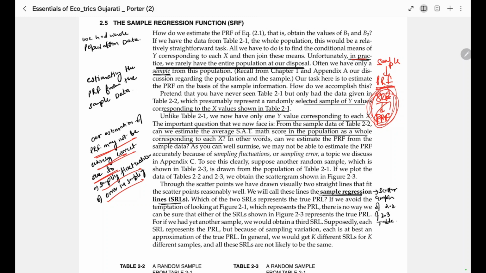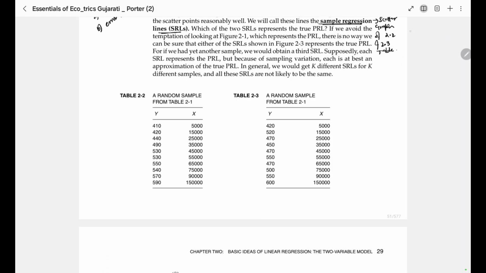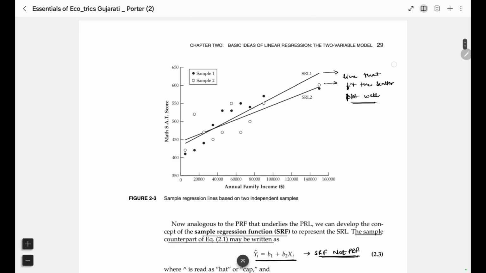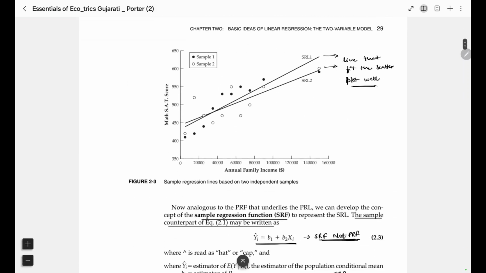So here, from the earlier data, we take two random samples, say like this: these are the various years' scores and these are their income levels. What we do with this is that we plot these on a scatter graph, like this.